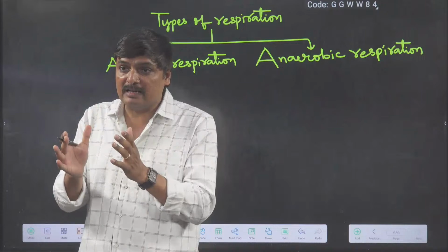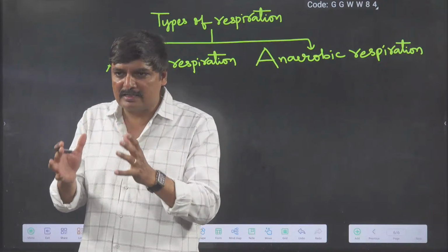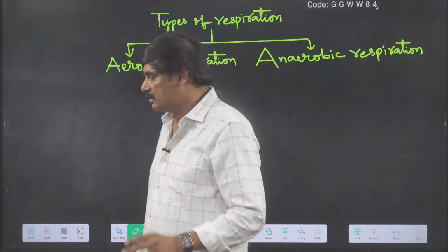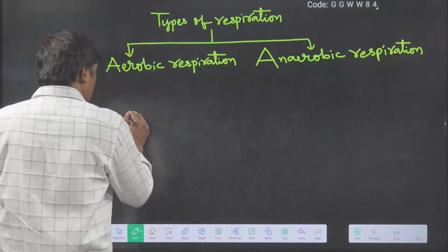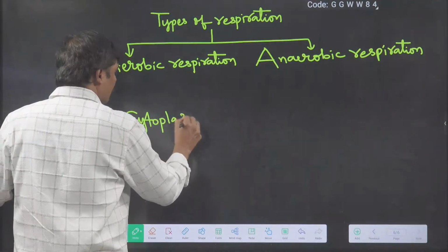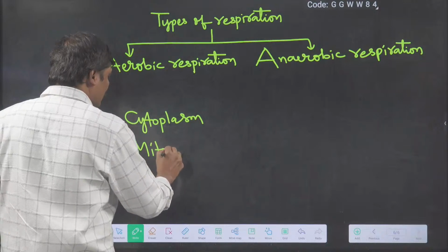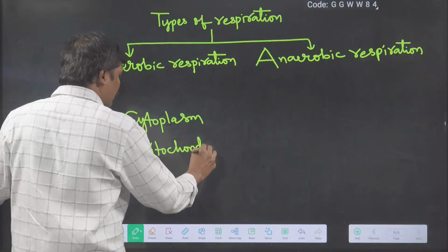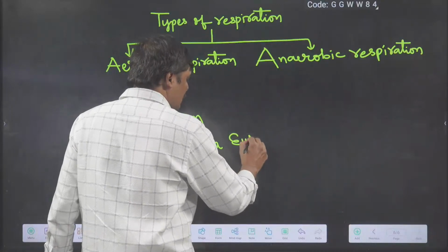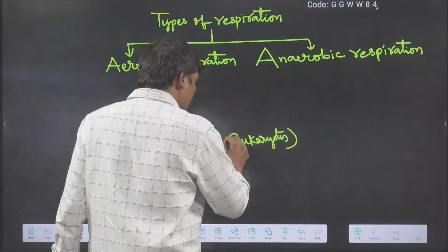And in the cells, this breakdown of food material and release of energy occurs in two places: cytoplasm and mitochondria. Mitochondria in eukaryotes. Understand? Cytoplasm, both.